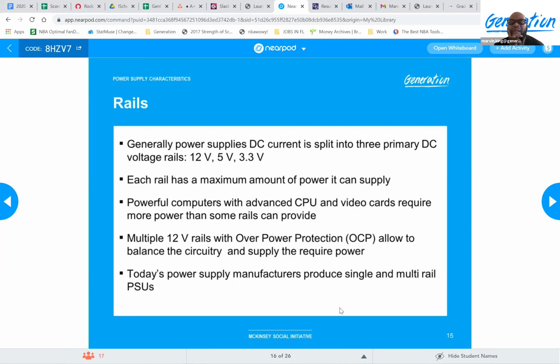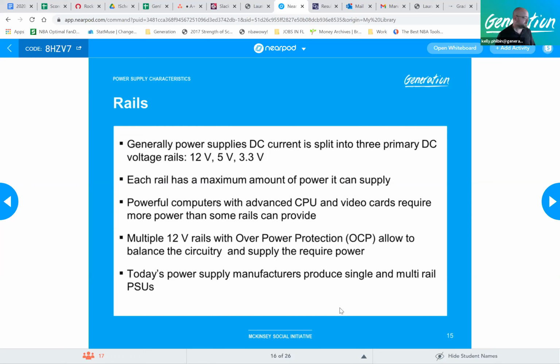So you have the ability to, how can I put it, Kelly? You're combining more than one to actually increase the power in that particular rail as necessary. And it's something that's done not by your doing, it's done by the communication between the power supply and that device.